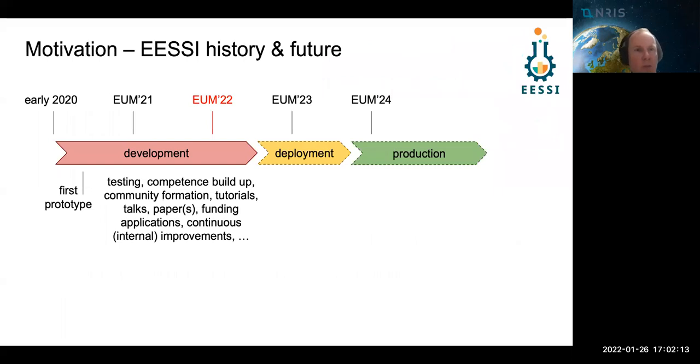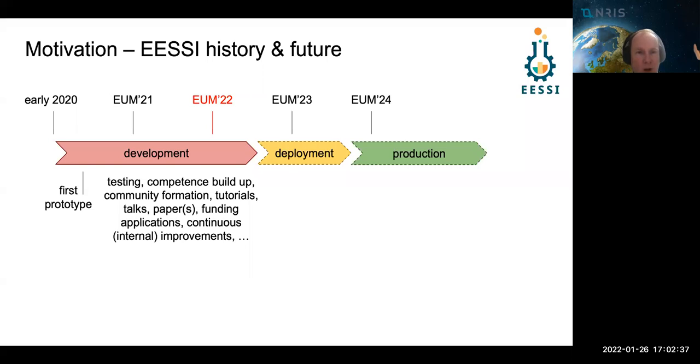Okay, so a little bit of motivation for this talk, a bit about the history of EESSI and the future. Development of EESSI started in early 2020, so 2 years ago. And the first prototype we had already maybe after 6 months or so, mid 2020.